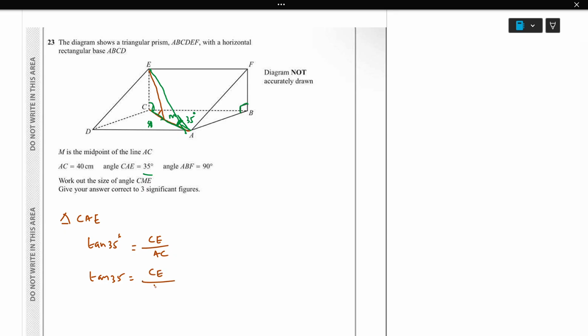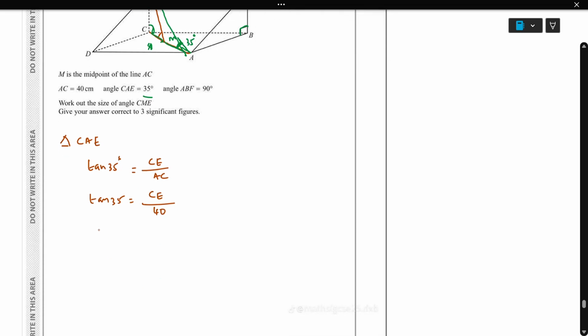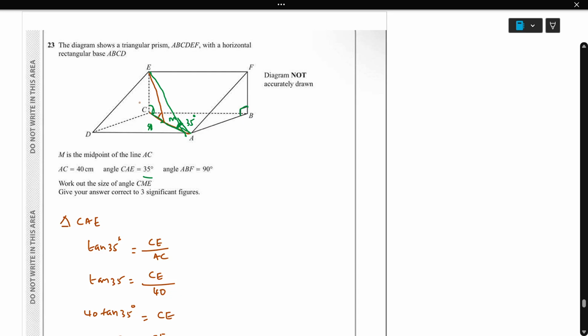AC is going to be 40 here. So 40 times tan 35 degree equal to CE, which is equal to 28. So I got this height is going to be 28. This M is the midpoint, so entire length is 40, so this is going to be 20 now.